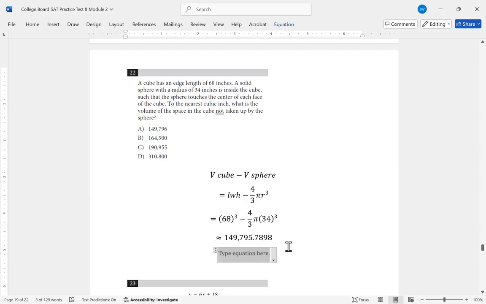So rounded to the nearest cubic inch, this is 149,796 cubic inches. And that is option A. Option A is the answer to question 22.